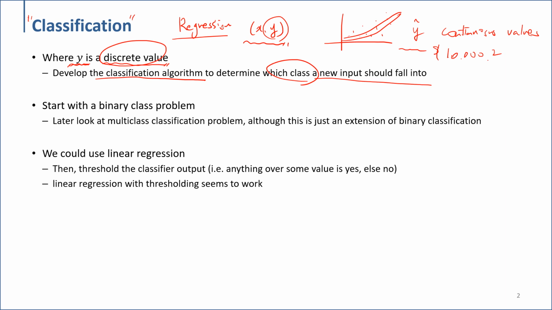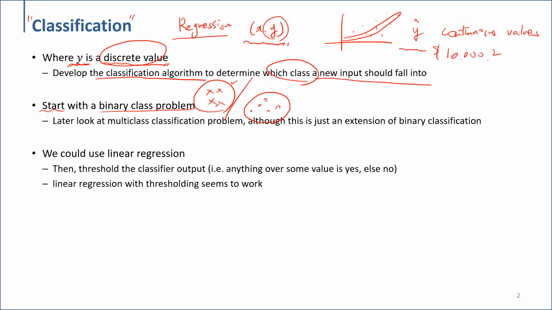From here we're gonna start with a binary class problem where only two classes exist. So let's say if you have data like this, we can say only two classes exist.